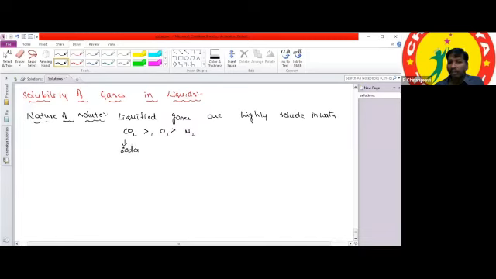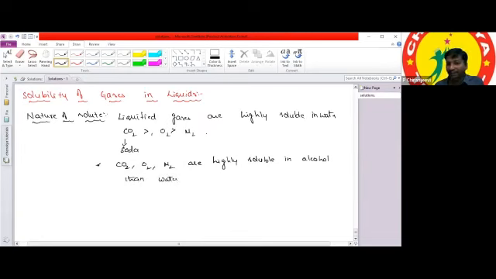Okay. And there is some more to see. Carbon dioxide, oxygen and nitrogen are all these gases. What is the second condition? CO2, oxygen and N2 are highly soluble in alcohol than water.